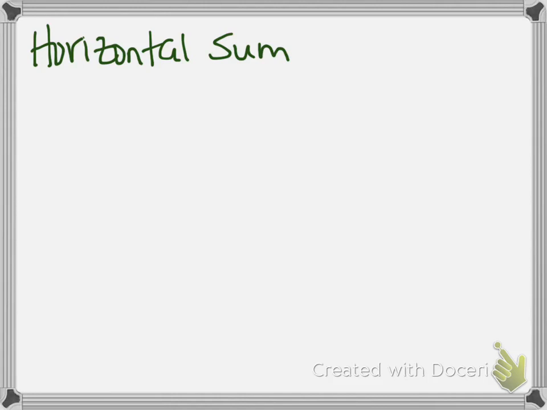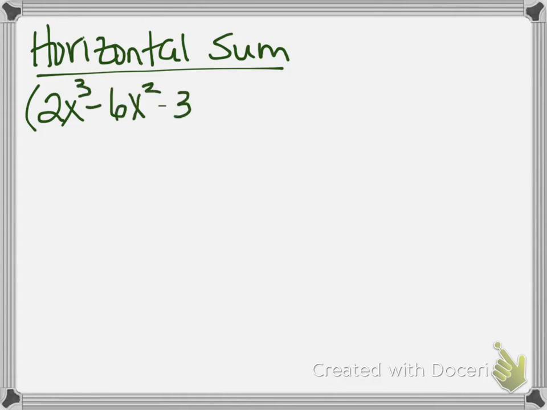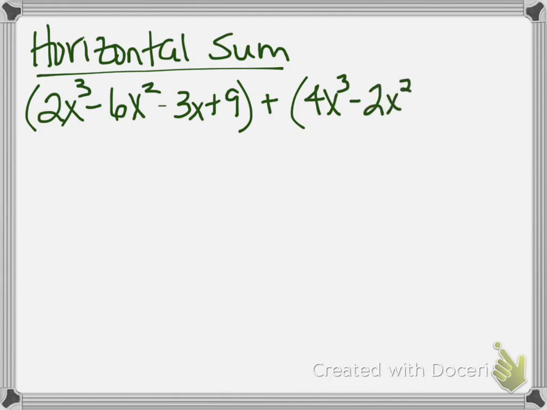So I'm going to start out with our horizontal sum when we're adding these two polynomials. We have 2x to the third power plus 6x squared minus 3x plus 9 plus the other polynomial 4x to the third power minus 2x squared minus x plus 2.